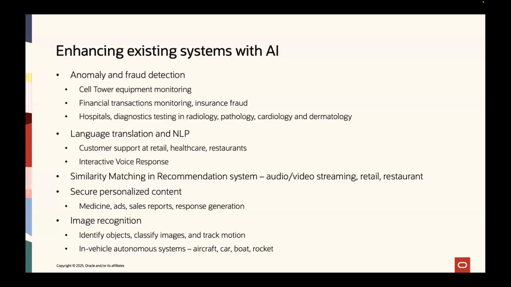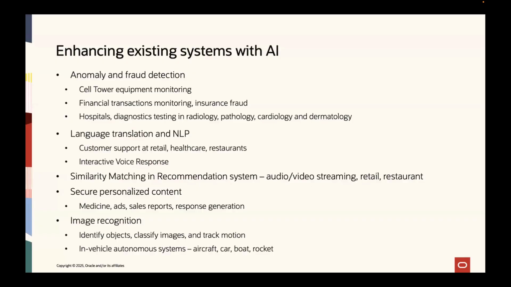Other use cases are leveraging AI with language translation and natural language processing, whether it be on the phone or at a point of presence, let's say a store or a restaurant. Another area is recommendation engines. So you can find patterns and you can find similarities.